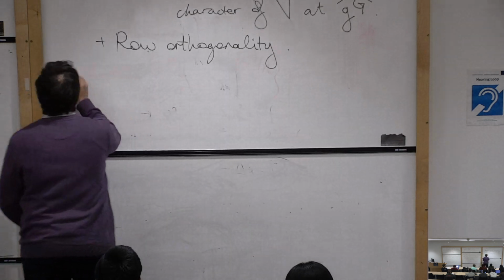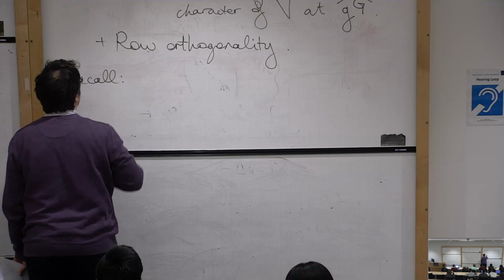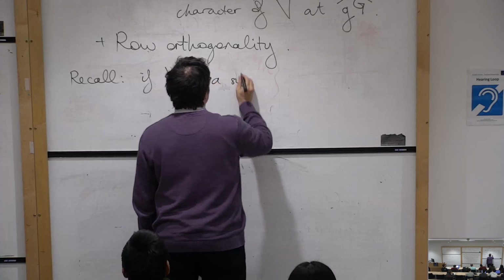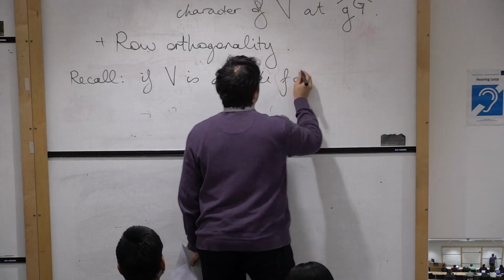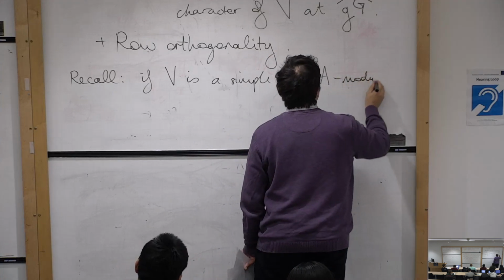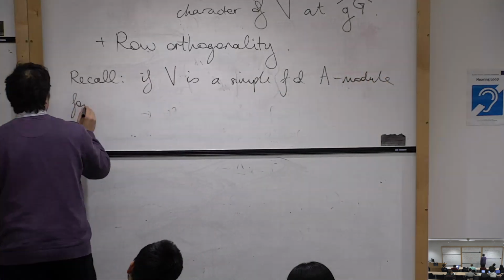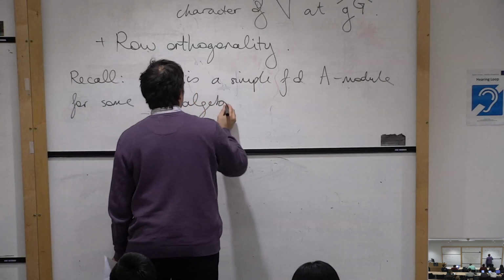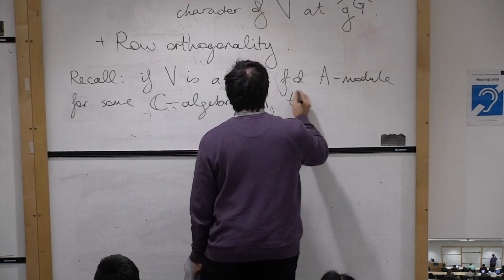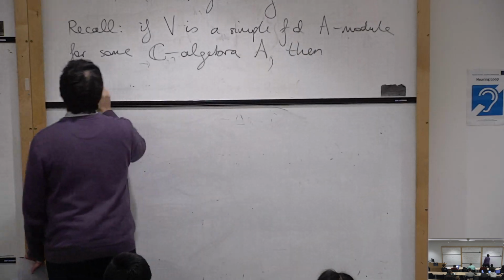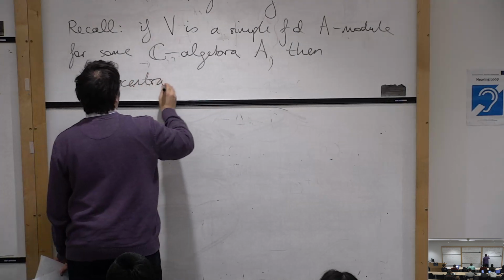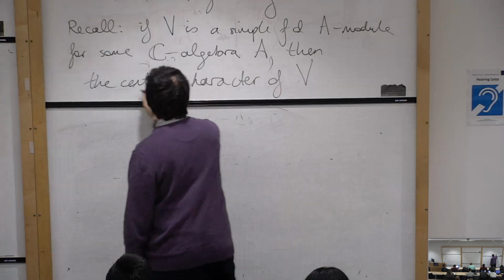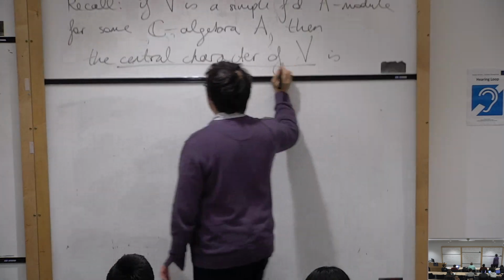Let me write that down. B is a simple and finite dimensional A module for some C algebra A. Then the central character of B is the function.